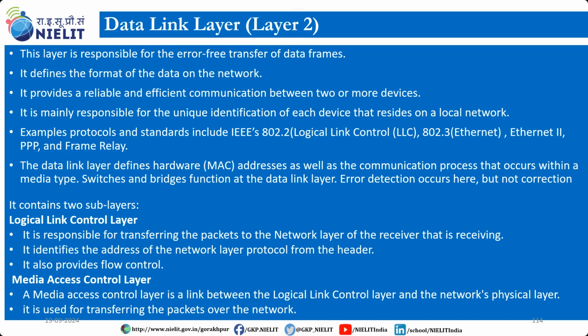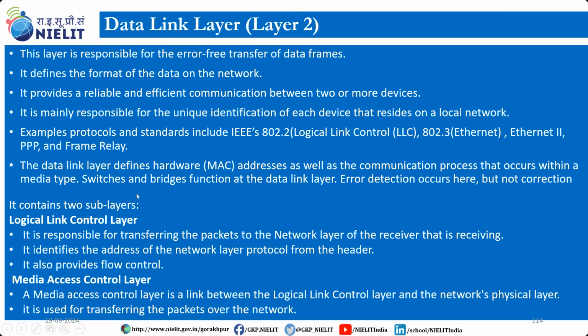These are different data link layer technologies. So the data link layer defines the hardware MAC address as well as the communication process that occurs within a media cycle. Switches and bridges function at the data link layer. Error detection occurs here, but not correction. Like a switch can detect whether there is an error in the frame or not, but it cannot be corrected.